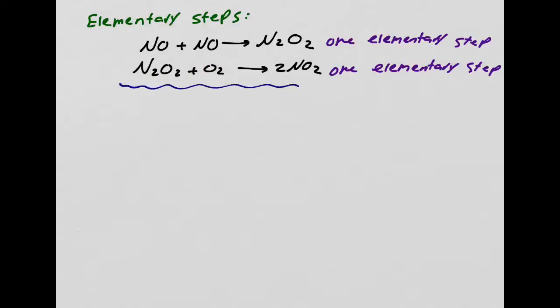When you sum this up, it was 2NO plus O2 going to 2NO2. What did we do? Again, what we did is a sum. So the sum of the elementary steps would equal the overall reaction. The sum of these elementary steps would end up equaling the overall balanced reaction.